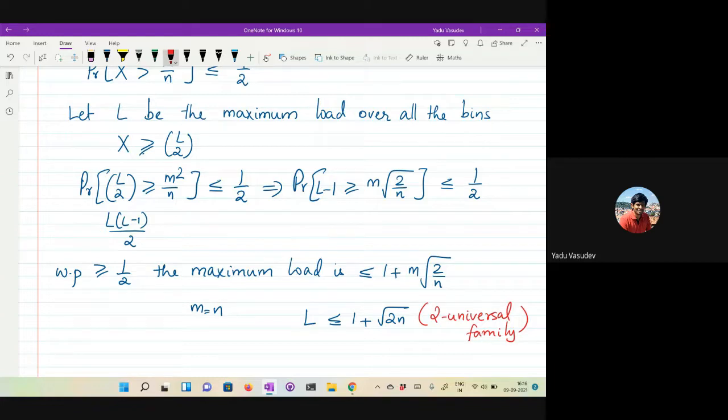Someone who has not answered till now. How large should your hash table be so that if you use a 2-universal hash family for hashing, the worst case complexity of searching is still constant? How large should the table be based on this analysis that you've just done?